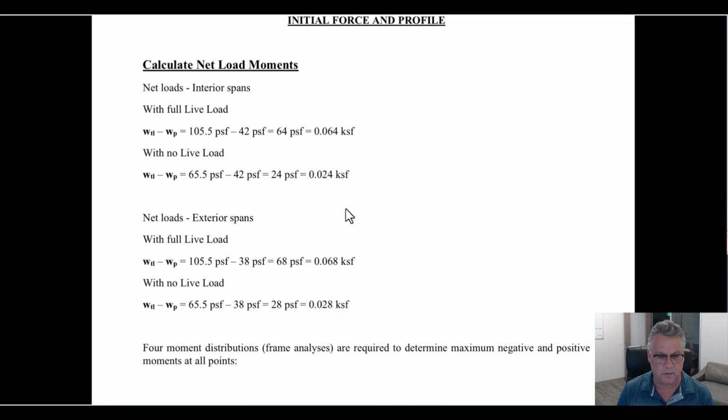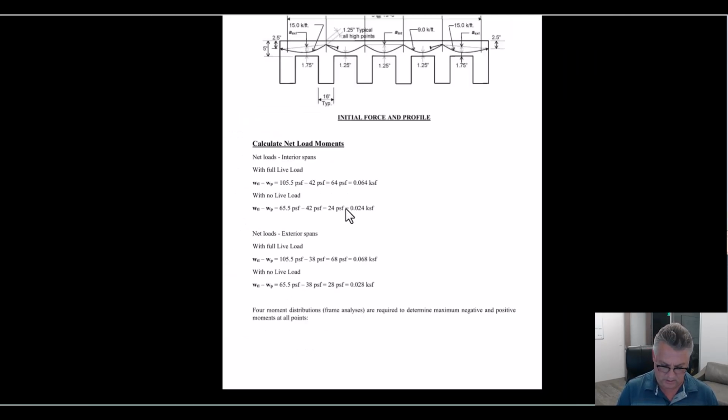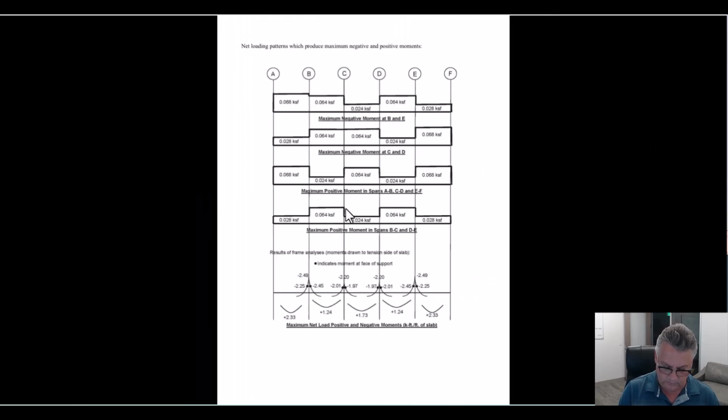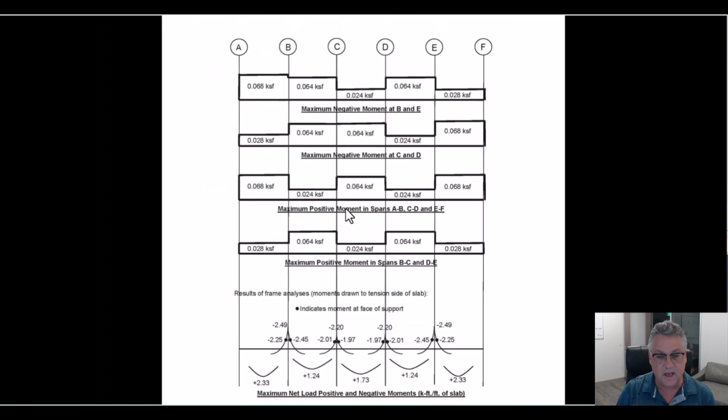We'll have 28 pounds a square foot. So these combinations will be used for the pattern loading to get us the worst case, the worst negative moment, the worst positive moment that we can come up with at various locations. And these are the patterns that will be used. PT Data does this.